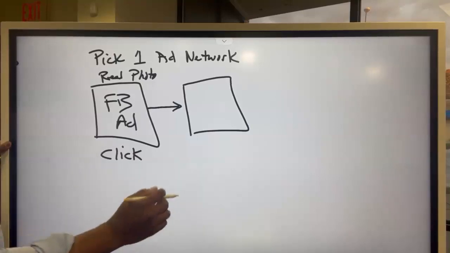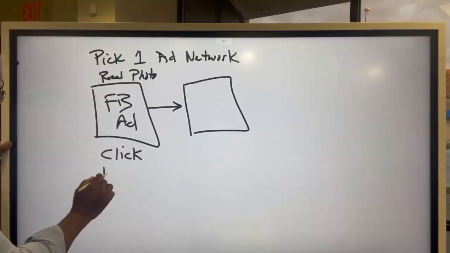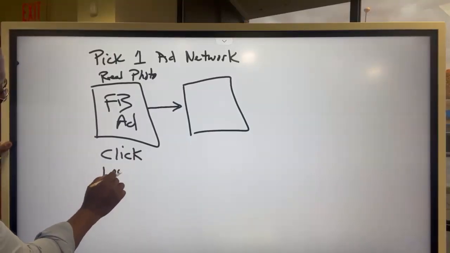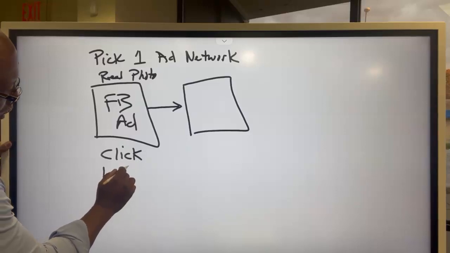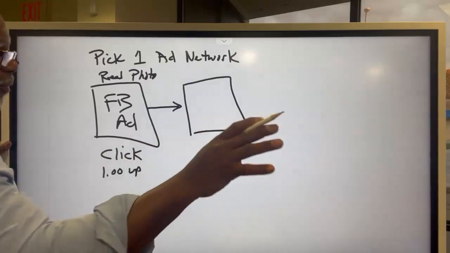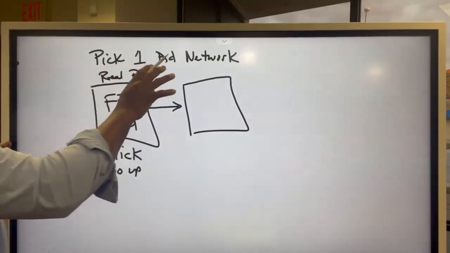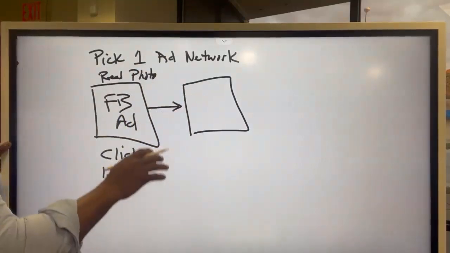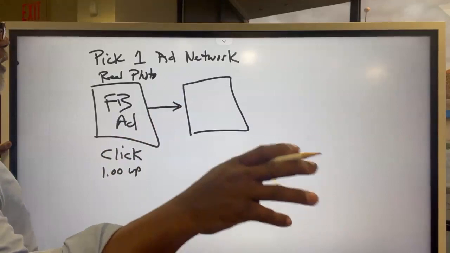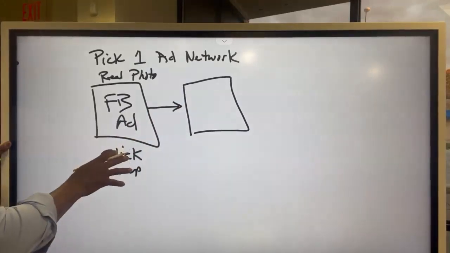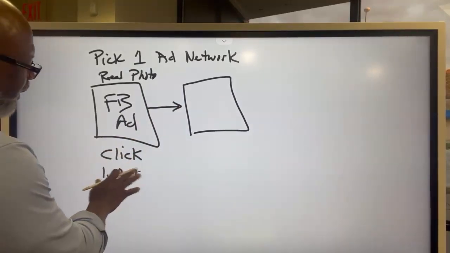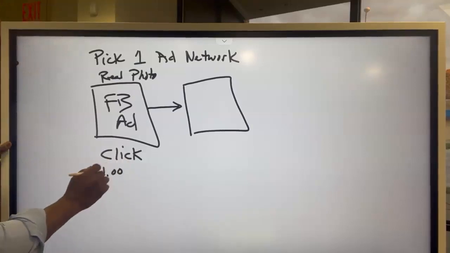Let's just say your clicks are like $1 and up, but not too high. It can't be too much. It has to be based on what you have to offer. In other videos, I talk about what you can probably afford to pay for clicks, but you want to try to get that as low as possible.